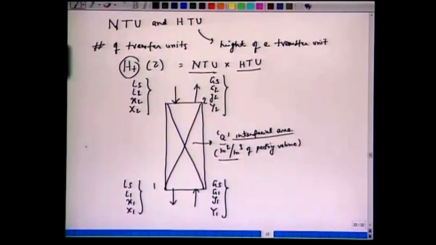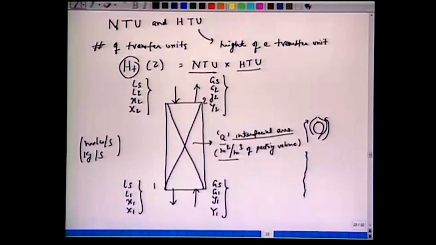And all these flow rates can be in moles per second, or one can also have kg per second if we multiply with the molecular weight. So here the two phases mix, they come in contact through these packings. So we say the hydrodynamics is very complex. Typically you have a liquid film over this and the gas flows past it. So it's quite complex here. For our purpose, all we say is that there is a very clean interface for our mathematical calculations.